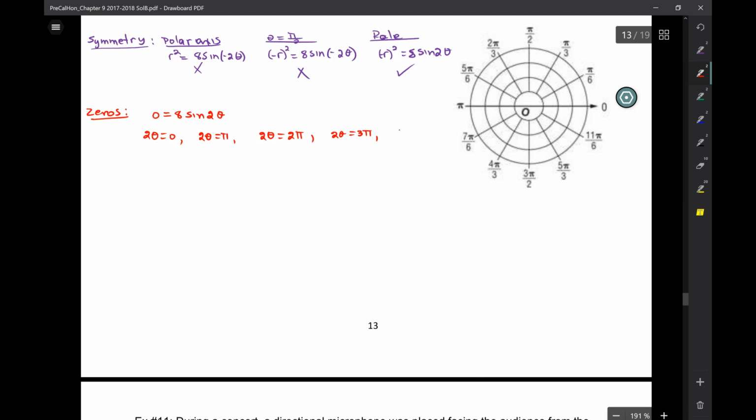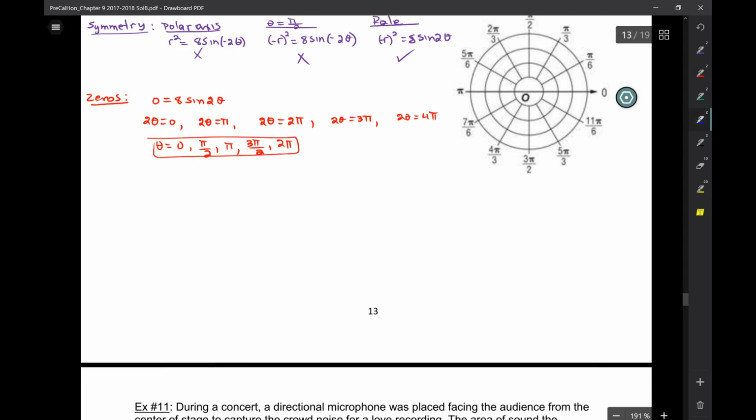So let's go one more. So theta is 0, pi over 2, pi, 3 pi over 2, 2 pi.